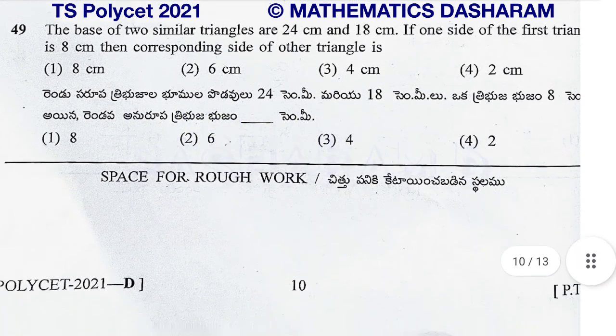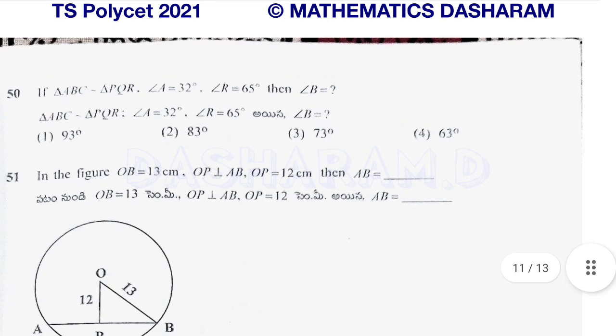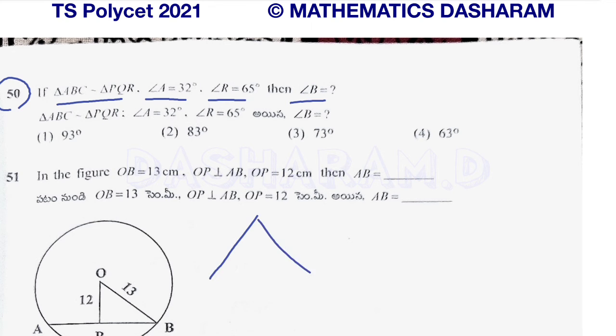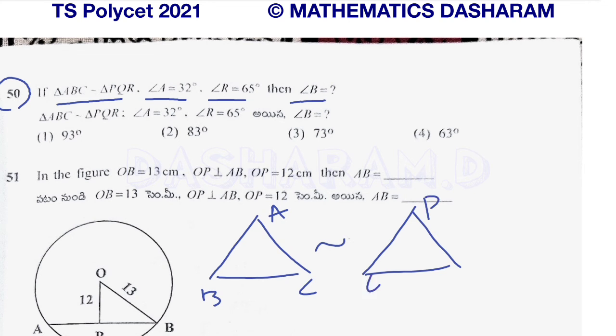Next question number 50. If triangle ABC is similar to triangle PQR, angle A 32, angle R 65, then angle B. So here let's draw a diagram. Here ABC, one triangle, it is similar to triangle PQR.